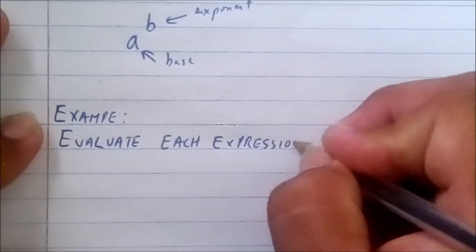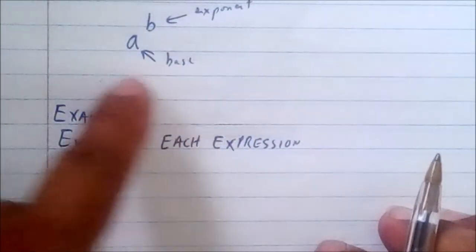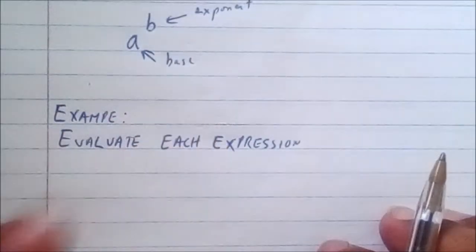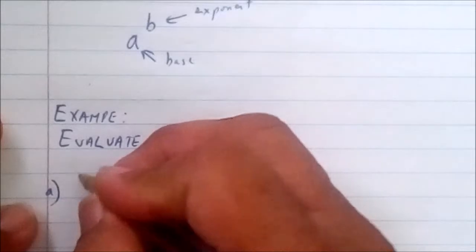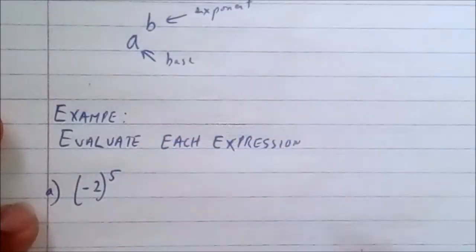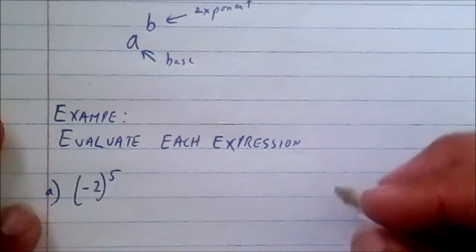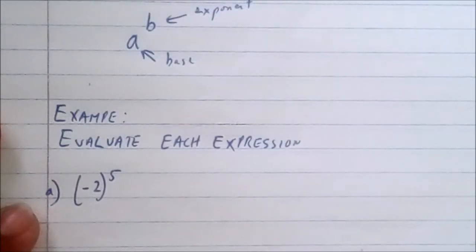When we are going to evaluate each expression, we are to think of them this way: the base and the exponent. Still keep that in mind. So our first one will be negative 2 to the 5th power. Let me put it here on the bottom. Okay, so let's do our first one.